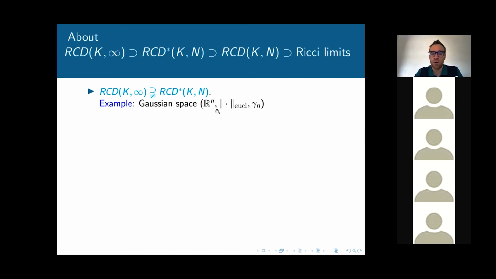Actually, it is even stronger. This inclusion is even strict if you take any lower bound K'.